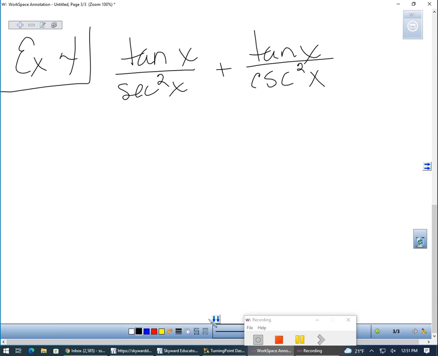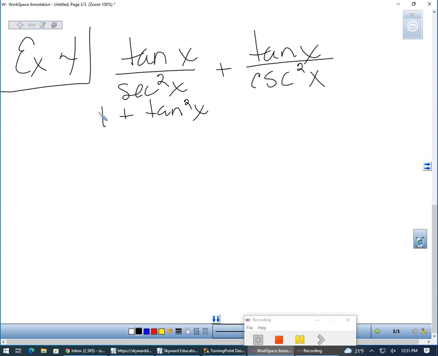In this one, we can change them, but what's that going to get you? If you change secant squared into 1 plus tangent squared, it doesn't help because there's a plus in the middle. You can't cancel them, right? If I change this to 1 plus tangent squared x, that can't cancel with that because there's a plus in the middle, correct?